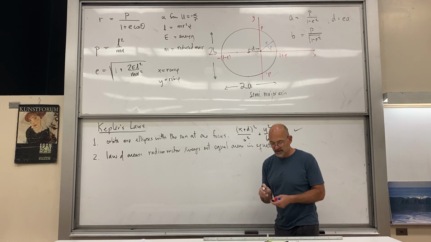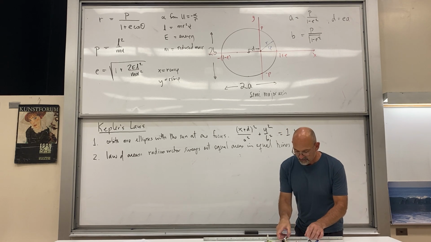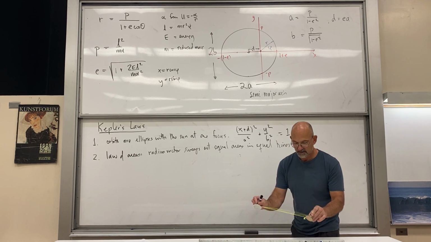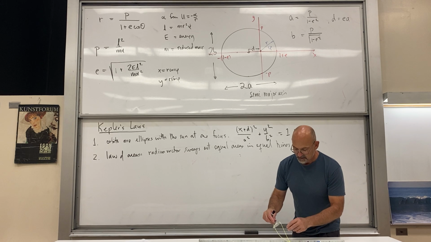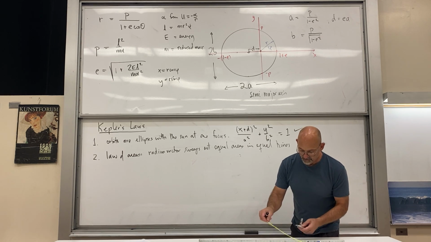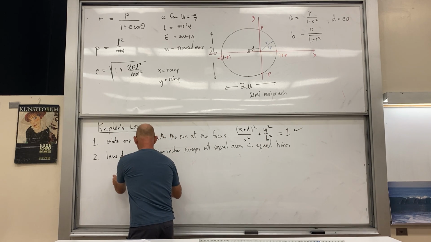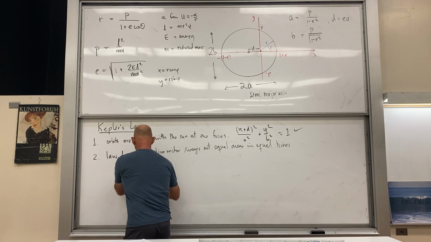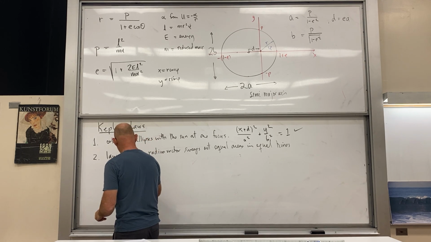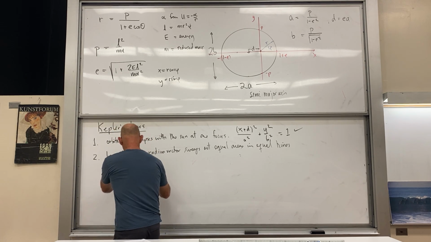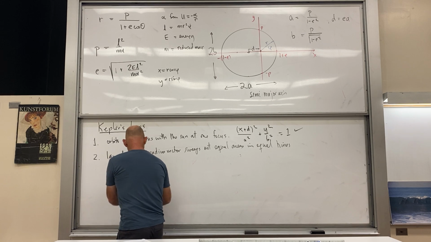Actually, there's such a good little construction that goes with that. Why don't I do that again? It's not every day that you get to make some perfect ellipses. So yeah, we'll make this very eccentric, even more so.